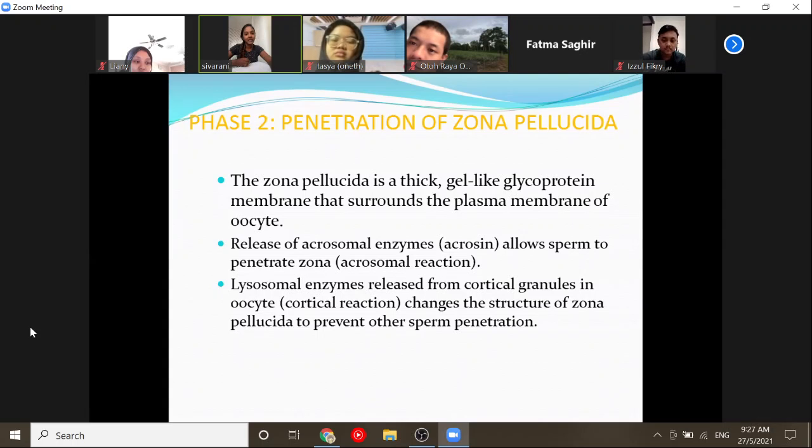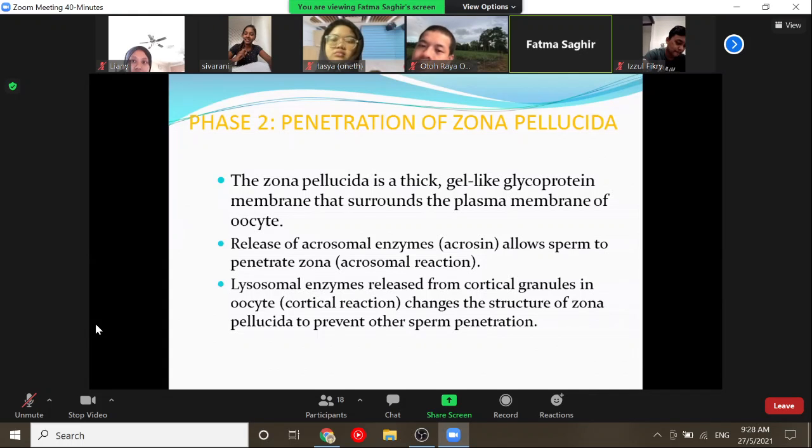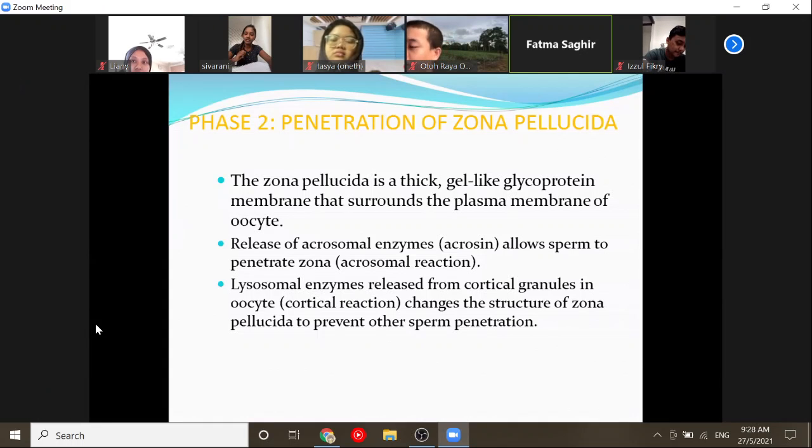Fimbriae. Yes, that's the key word. The oocyte is released from the ovary and picked up by the fimbriae, and it moves to the site. Very good. Thank you.